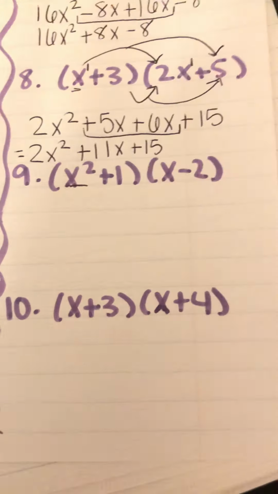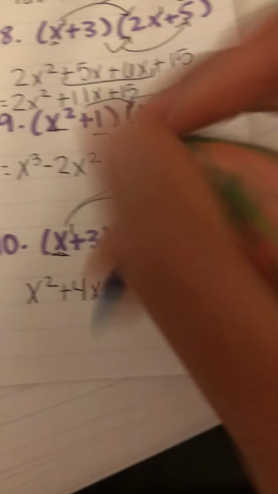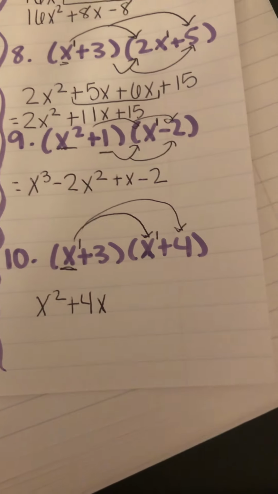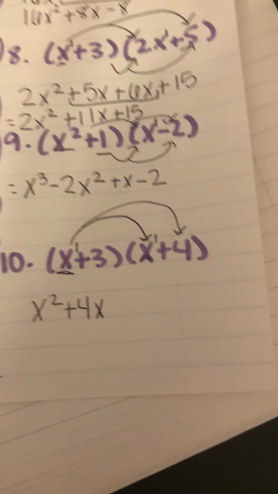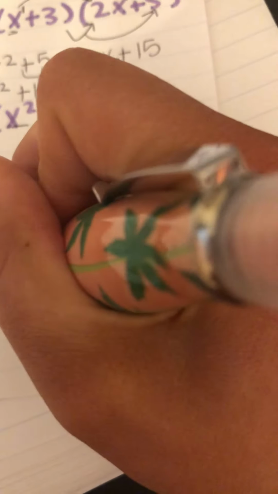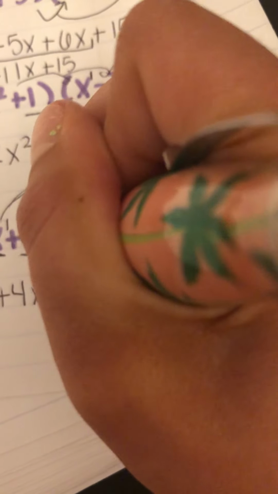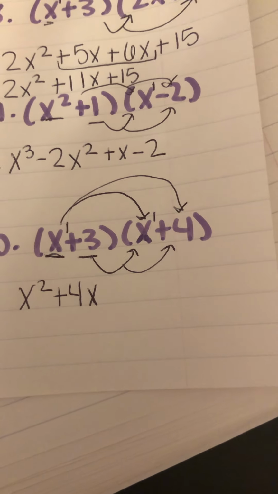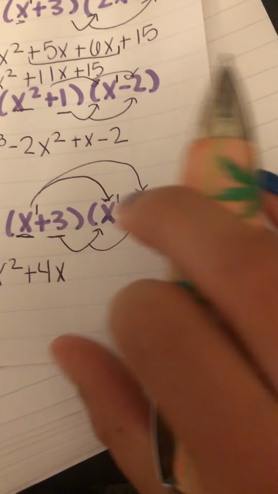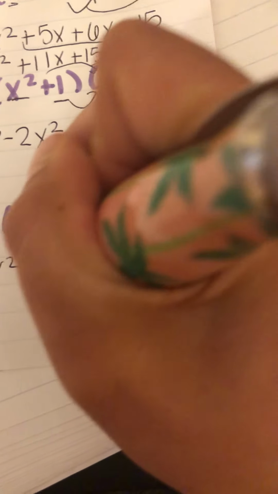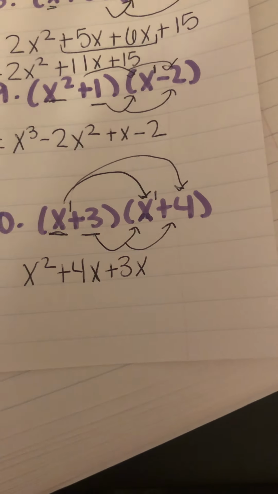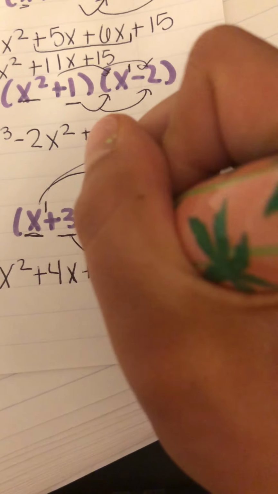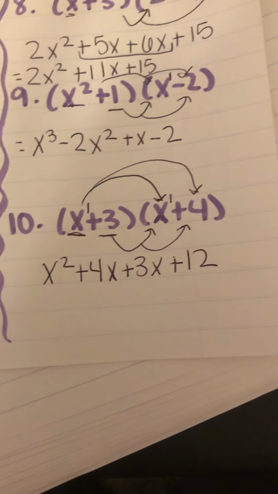And then x times 4 is going to give me 4x's. Now I can move on to this term here. I do have a positive 3. And that's distributing to the x and the 4. So positive 3 times x is going to give me positive 3x's. And then 3 times 4 is 12.